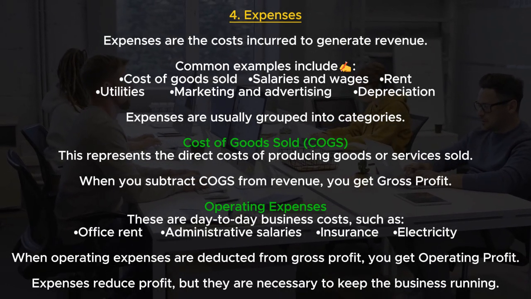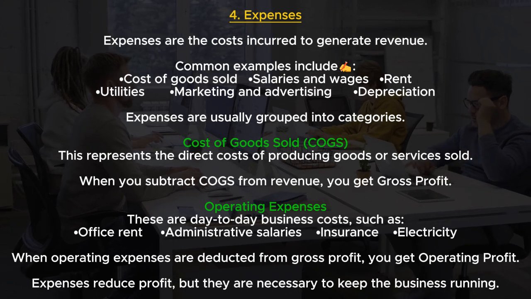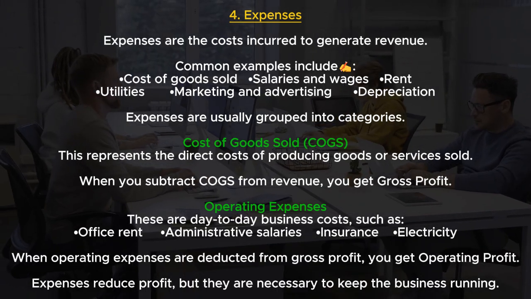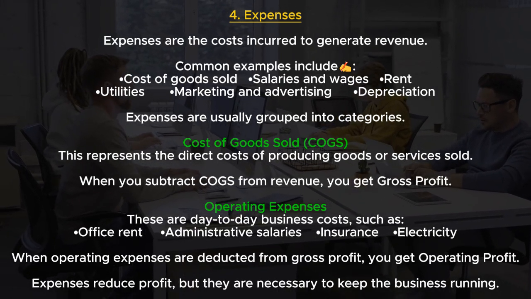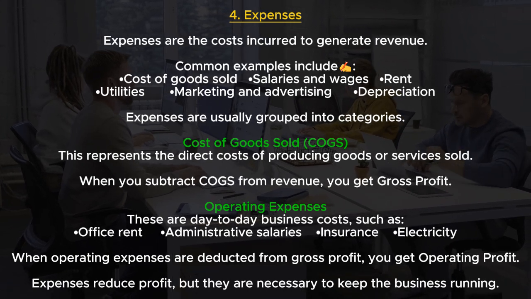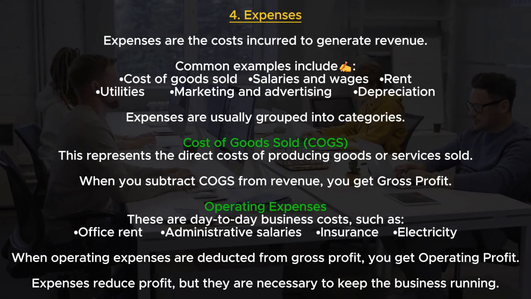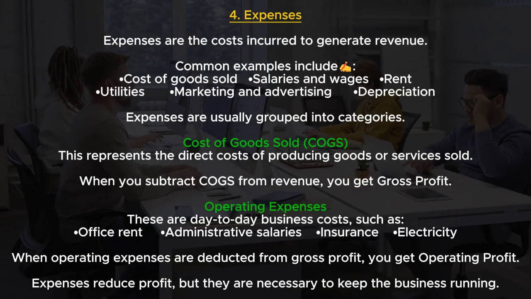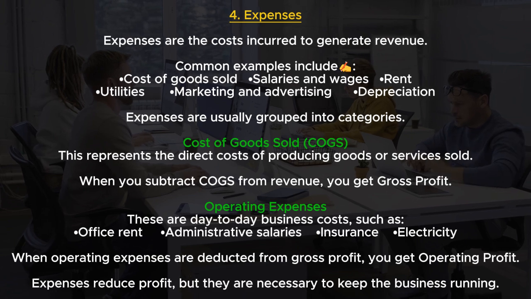When you subtract cost of goods sold from revenue, you get gross profit. Operating expenses. These are day-to-day business costs, such as office rent, administrative salaries, insurance, electricity. When operating expenses are deducted from gross profit, you get operating profit. Expenses reduce profit, but they are necessary to keep the business running.